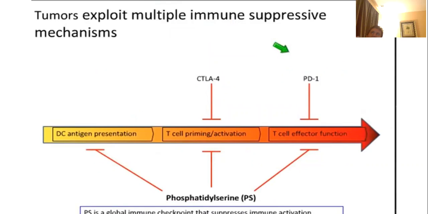And activating the PS signaling also increases the expression of the CTLA-4 receptors on the T cells, and they become Tregs. They will also increase the expression of PD-1 in the tumor, and that will inhibit the cytotoxic T cells.